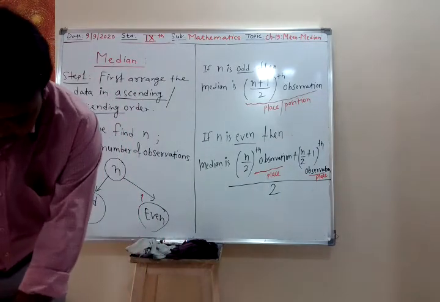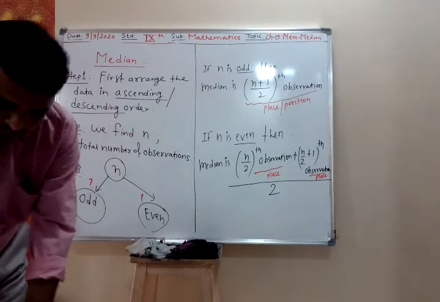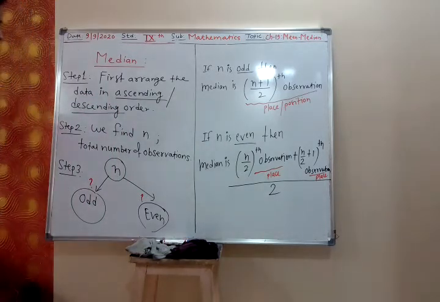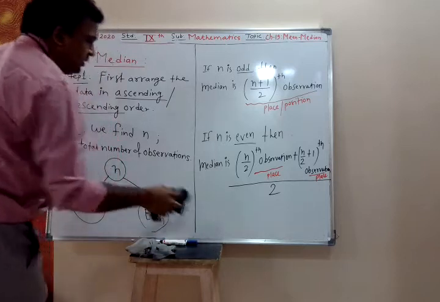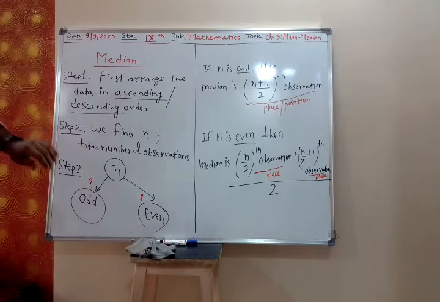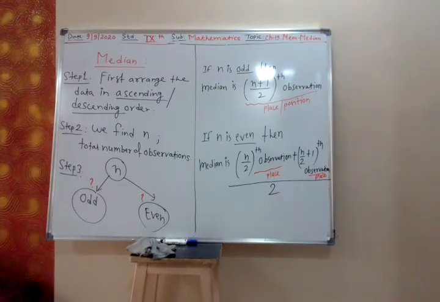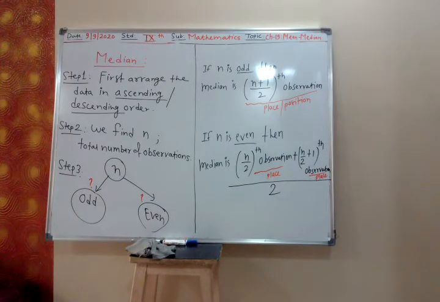Now we start. In median it is compulsory to arrange the data in ascending or descending order. After arranging, we calculate n, the total number of observations.